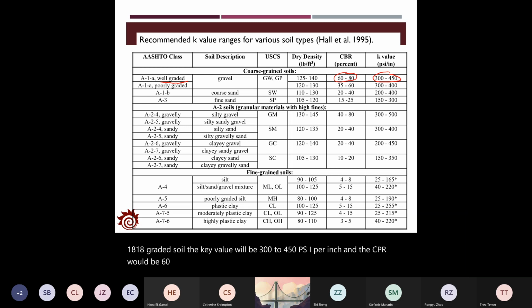You can find the values for the other types of soils defined by the AASHTO method, or you can find the CBR and the K values for the USCS classification.